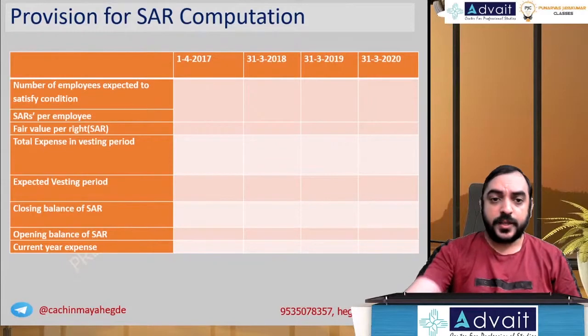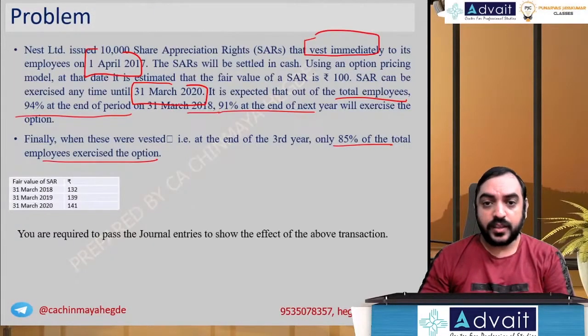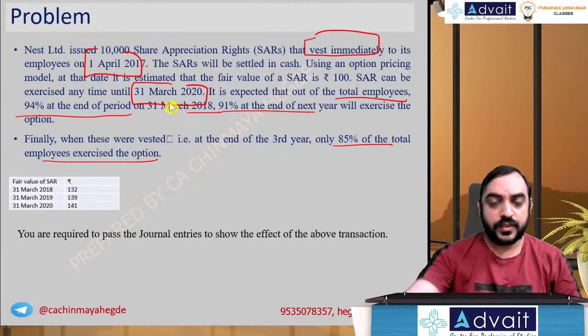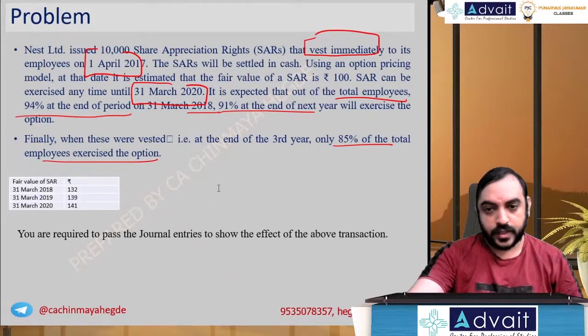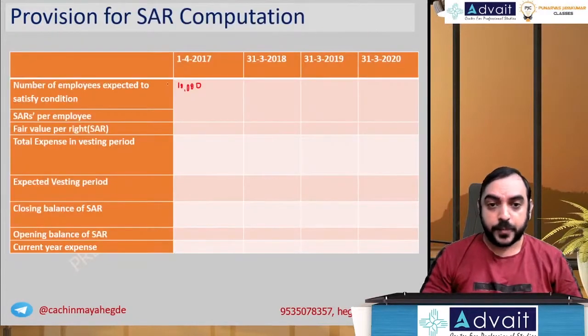Let me put the amounts quickly. Number of employees expected to satisfy, 10,000 on that day, full amount. SAR per employee, 10,000. And fair value on that day is 100.